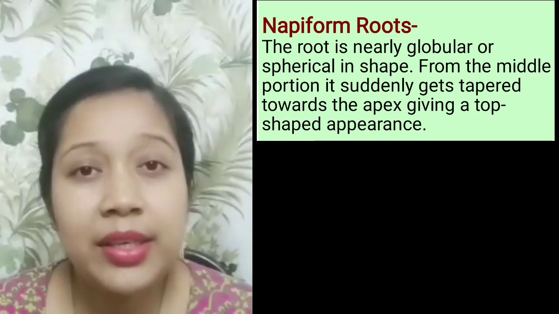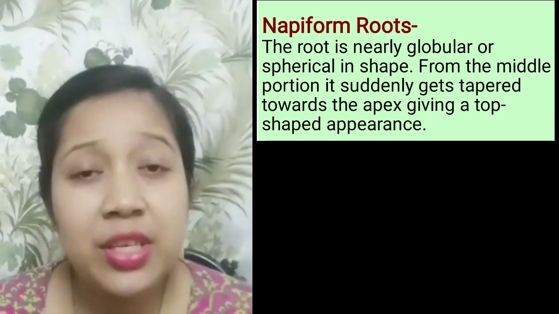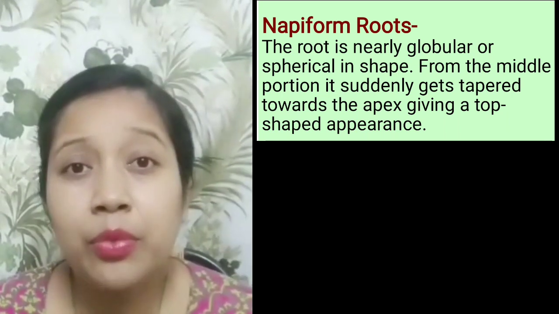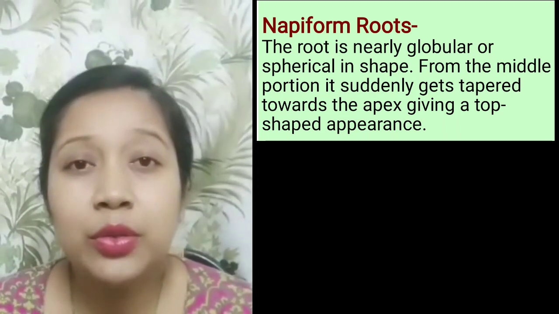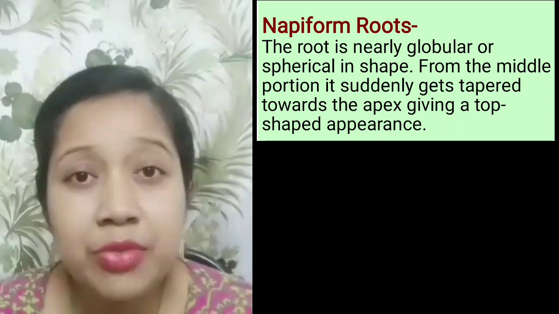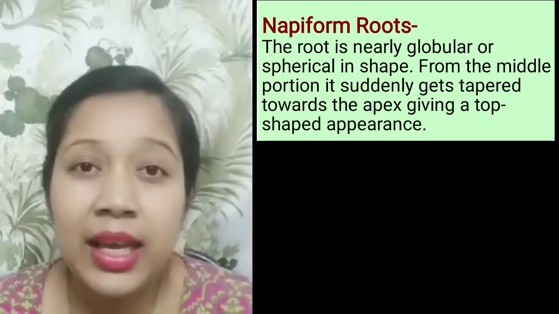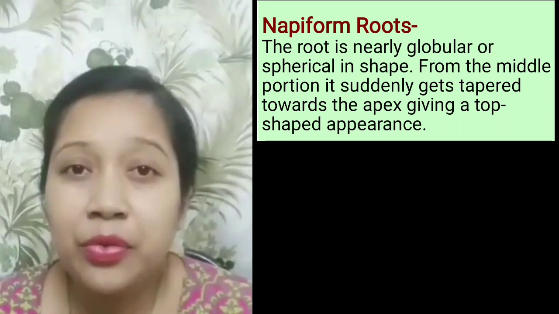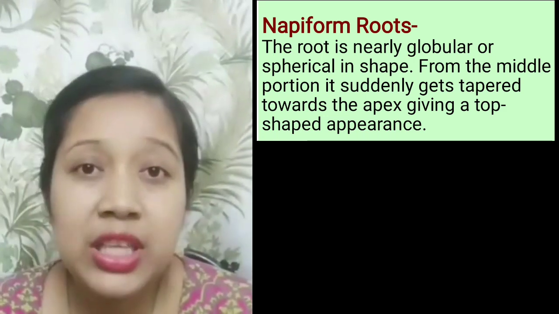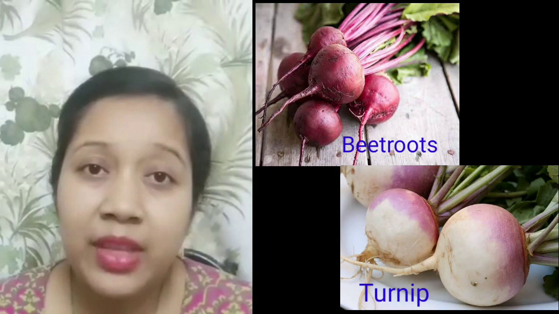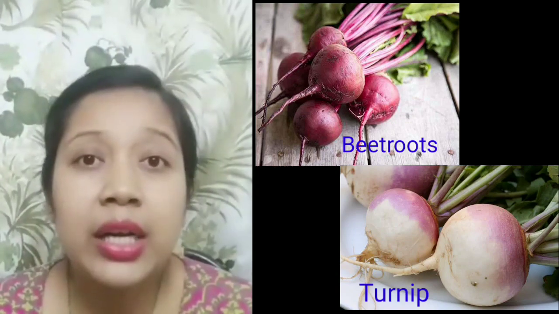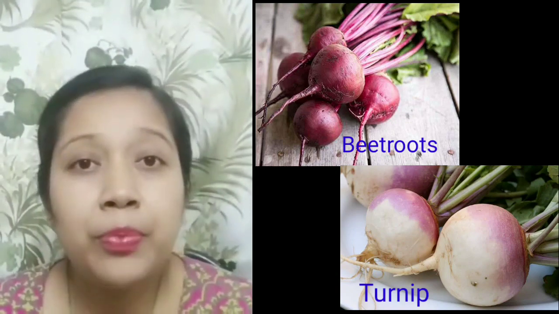Again, can you guess which vegetable that we eat is a root and has a spherical structure? The examples for the napiform roots are the beetroot and the turnip. These two are called napiform roots.